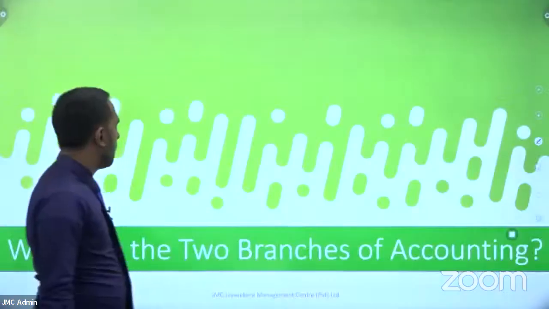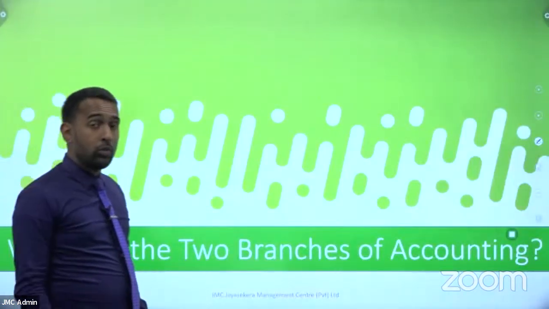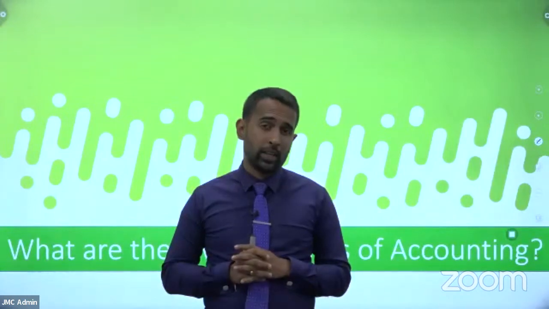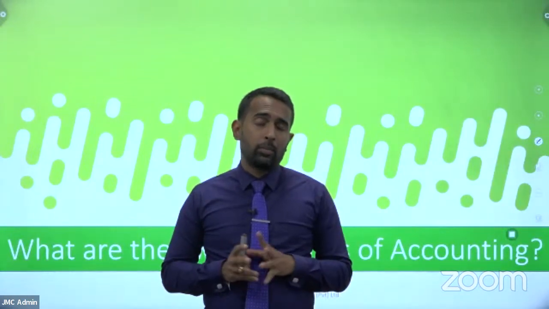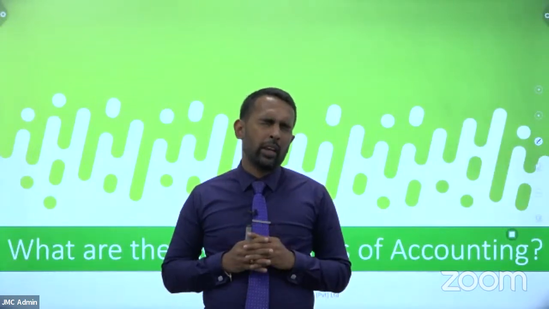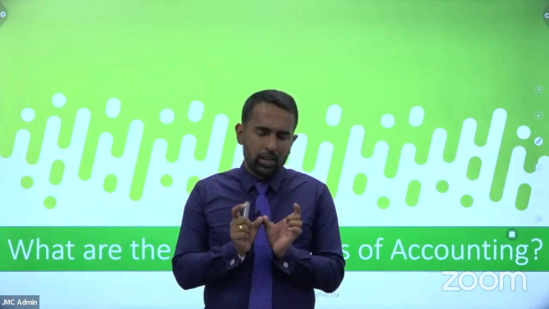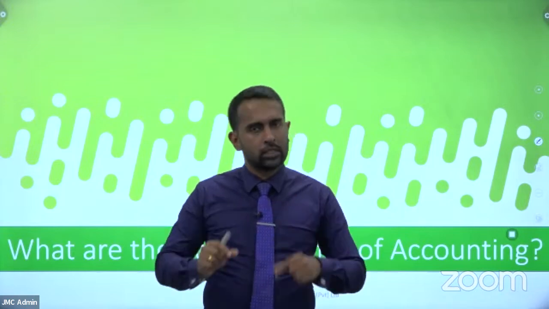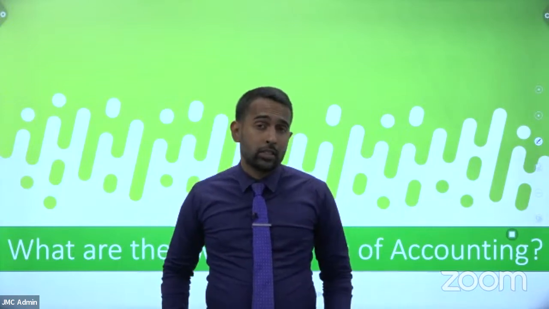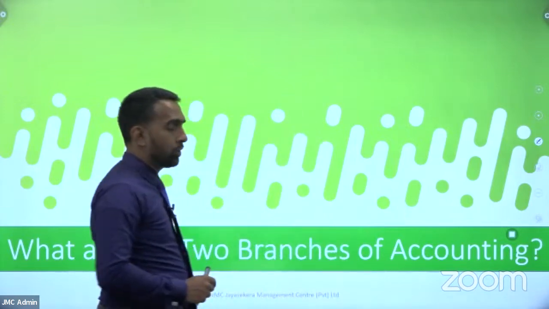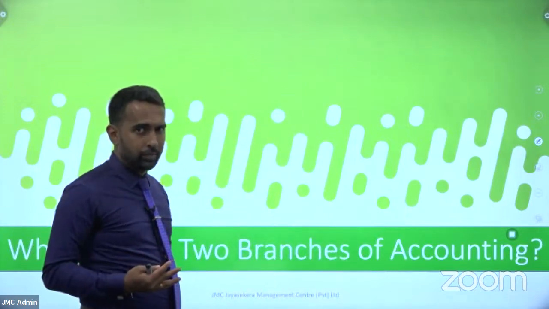Okay, right, now with that we are moving towards a very important area, the two branches of accounting. Accounting can be divided into two main branches. One of these branches is what we call financial accounting.